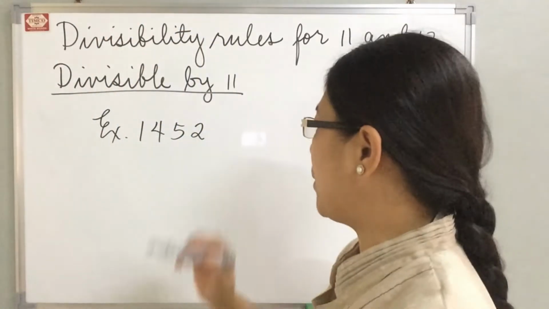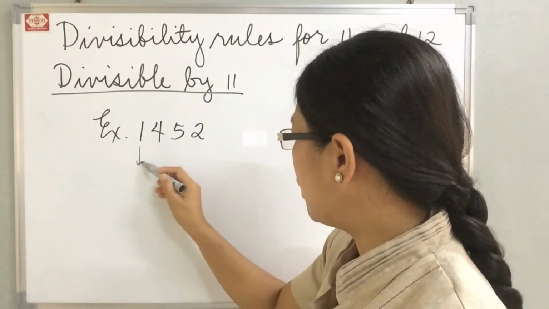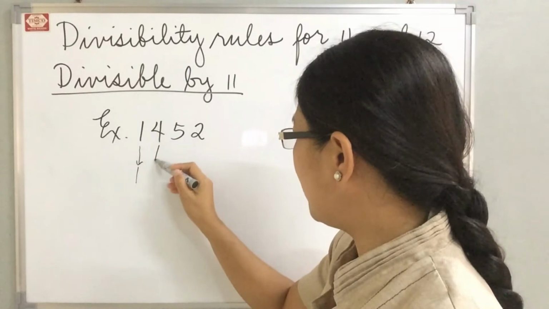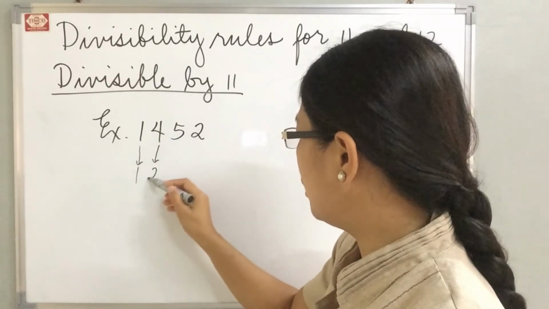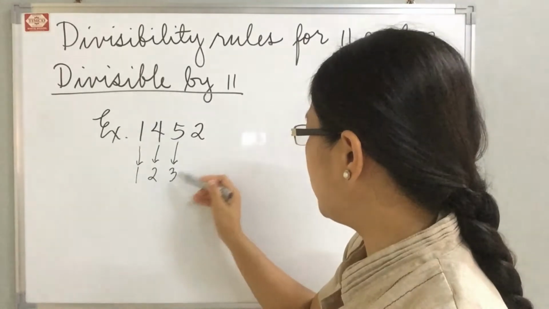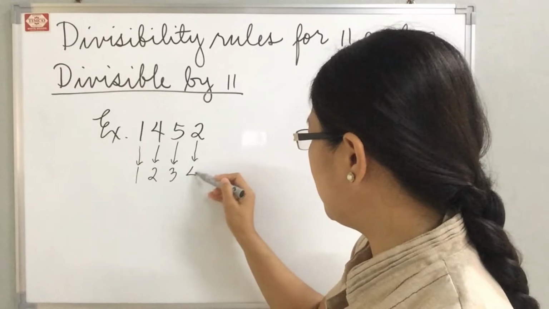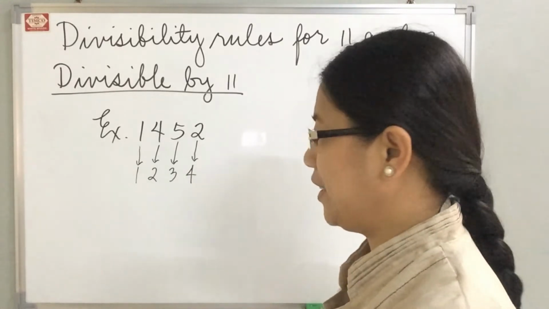So first digit is number 1, second digit is number 2, third digit is number 3, and the fourth digit is number 4.